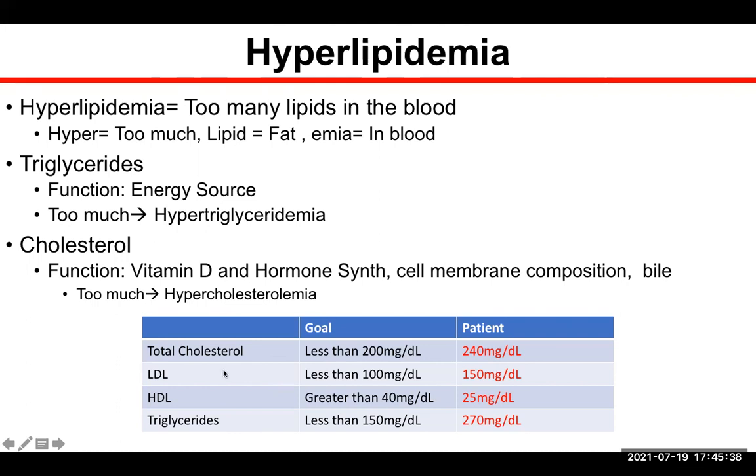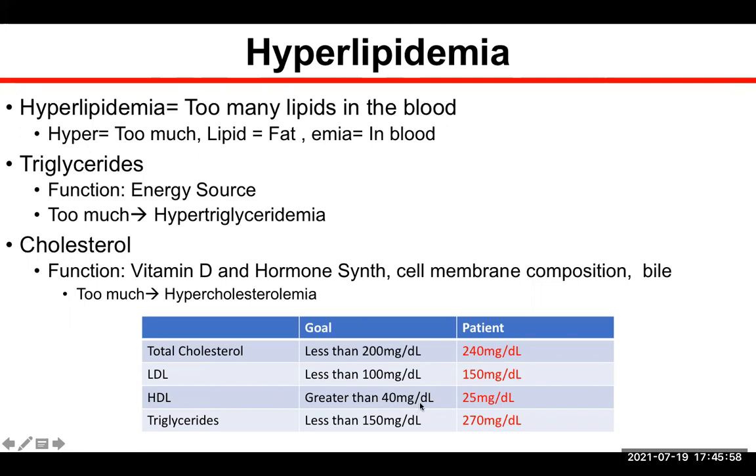Then you also want to take into consideration the lipoproteins that are present. Your LDL is going to be your bad, and you really want this to be less than 100 milligrams per deciliter. Whereas your HDL, your good cholesterol, you want this to be greater than 40.